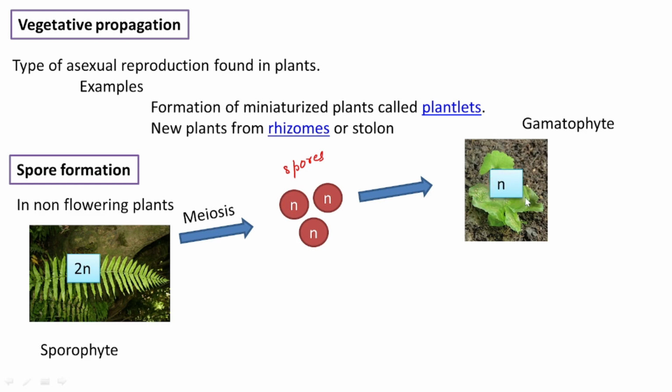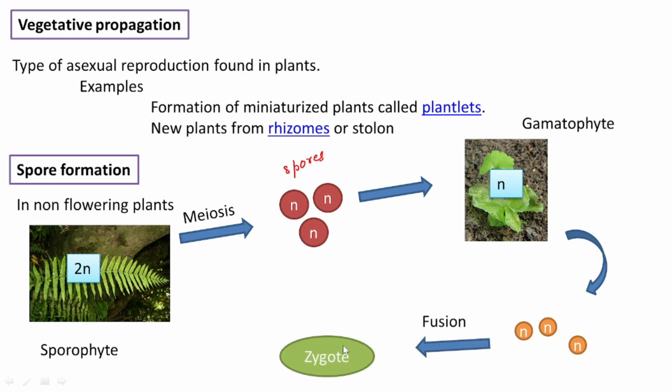From this multicellular haploid gametophyte, haploid gametes are forming. From among these haploid gametes, a male gamete and a female gamete fuse together to form a zygote.